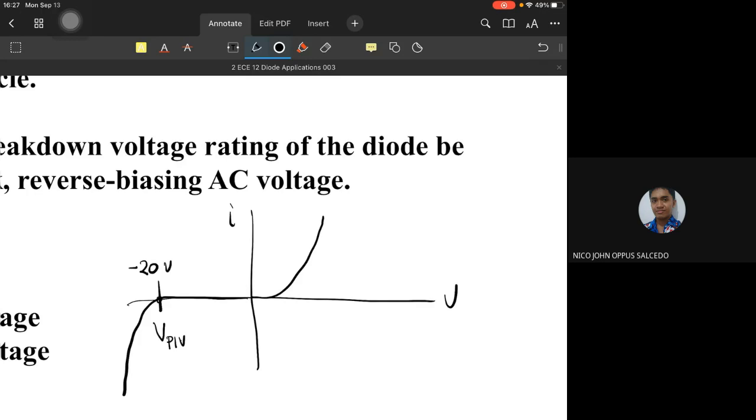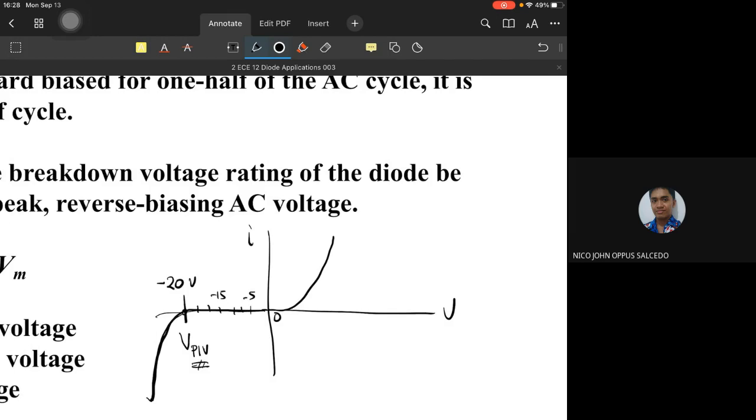Any value above negative 20, even negative 15 or negative 5 to 0, the diode can block. Any value beyond the peak inverse voltage, the diode can no longer block, and in fact current is allowed to pass through. For a rectifier diode, once the peak inverse voltage is reached, the diode automatically breaks down and burns out.